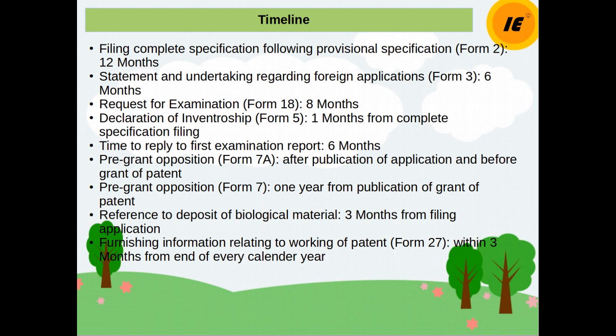Now, this is more of an overview of the rough timeline. As we know, there are two options. You can file the patent and submit your full specification, or you can provide a provisional specification, and in that case you have to submit the rest of the full specification within 1 year, that means 12 months.